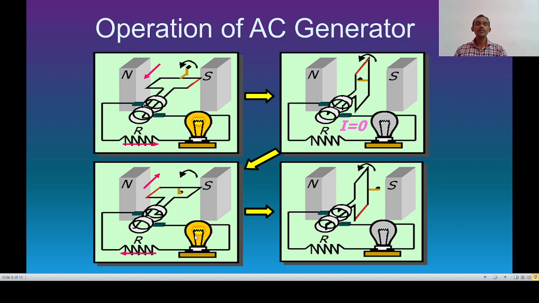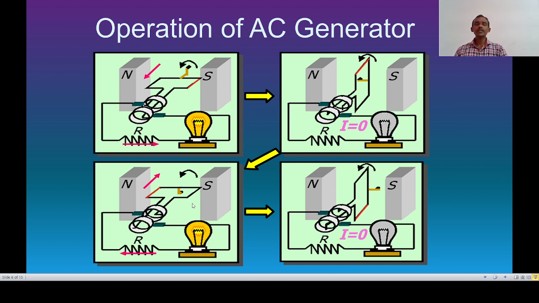Here also the bulb will glow. That is, in the first case the current flows in an anti-clockwise sense, and in the third case it is in a clockwise sense. That is, the direction of the EMF or the direction of the current goes on changing.